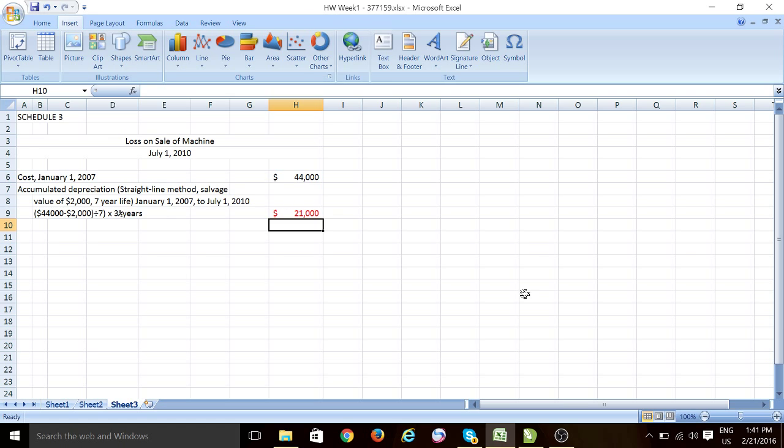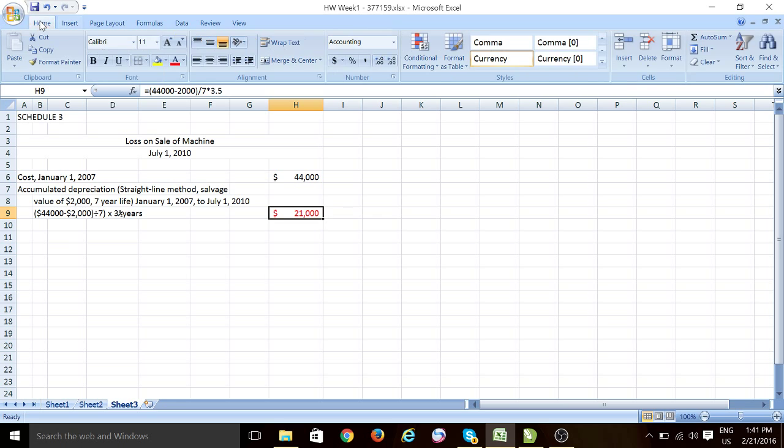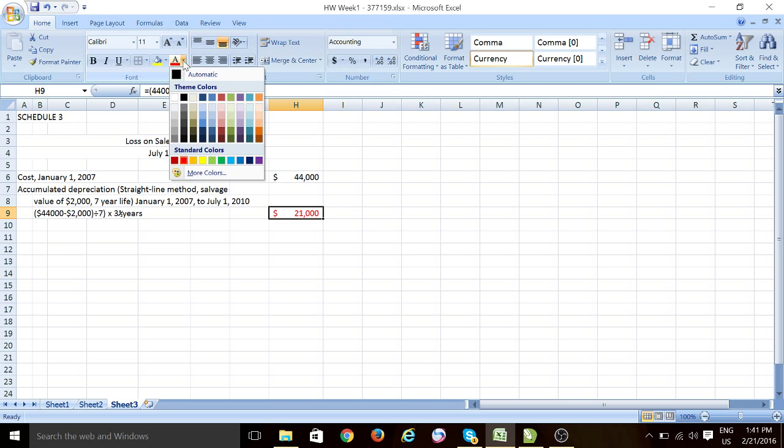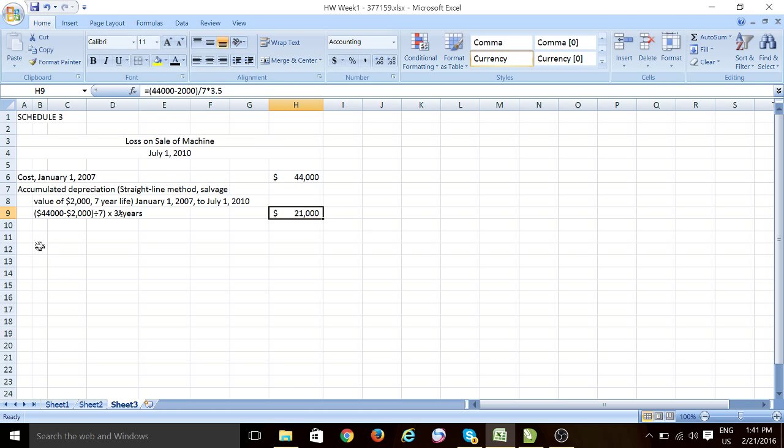So we got that the accumulated depreciation is $21,000. And then we know that the asset book value July 1st, 2010 is 44,000 minus 21,000, which is 23,000.